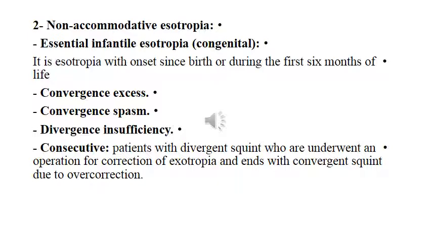Essential infantile esotropia is the congenital type of esotropia that presents in the first few months of life, I mean exactly before 6 months of age. Usually the child comes from birth or the first or second month with significant esotropia, which is alternating and with an excessive amount of deviation.